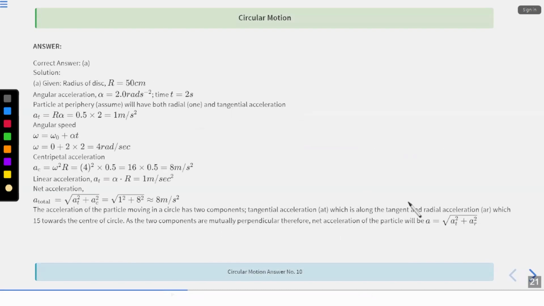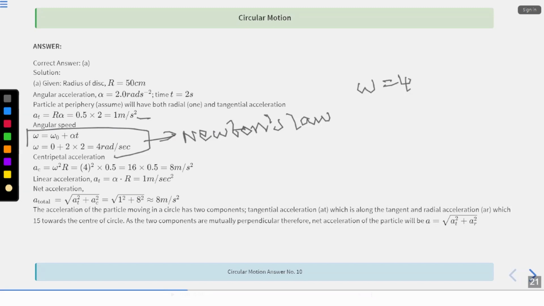Okay. So yeah, it's over here. And then angular speed. Here again, we are applying Newton's law of motion. So applying that, you will get omega to be equal to 4 radian per second.